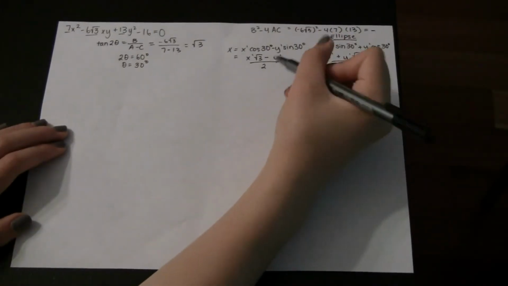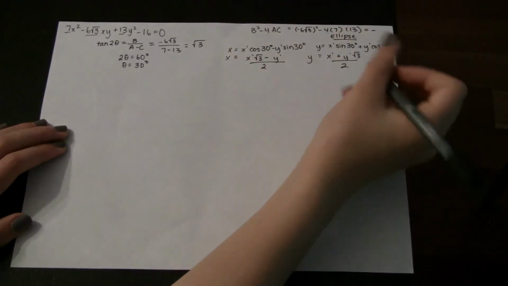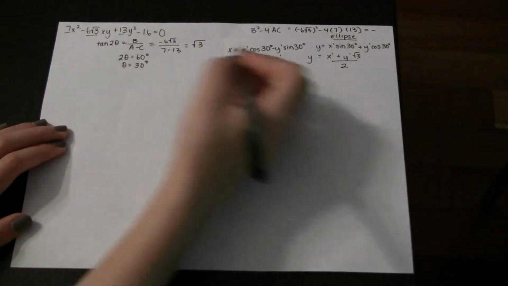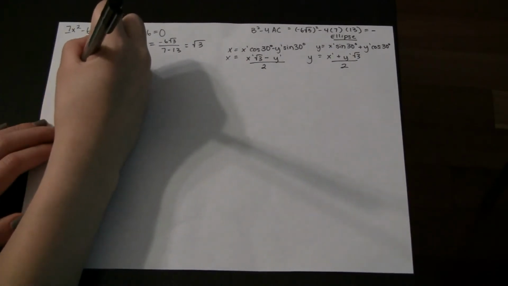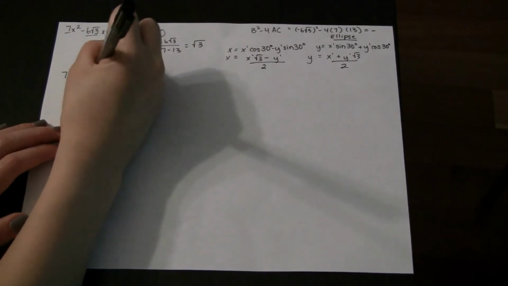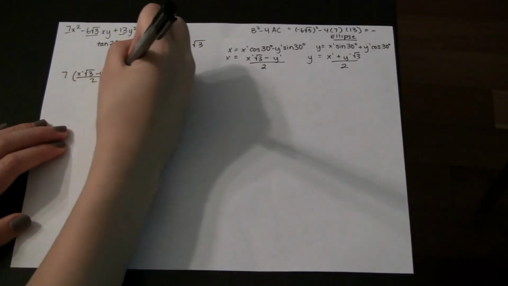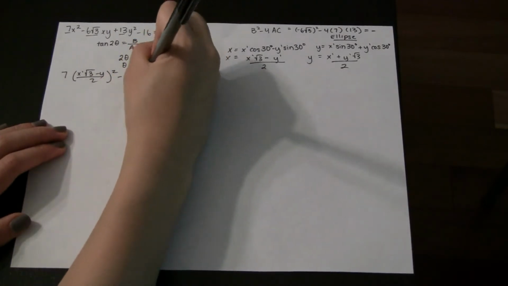And then what we want to do is take these two, x and y, and plug them into the original equation. So we would have to do 7 times x prime square root 3 minus y prime over 2 squared, and just plug in all the x and y's for this equation.